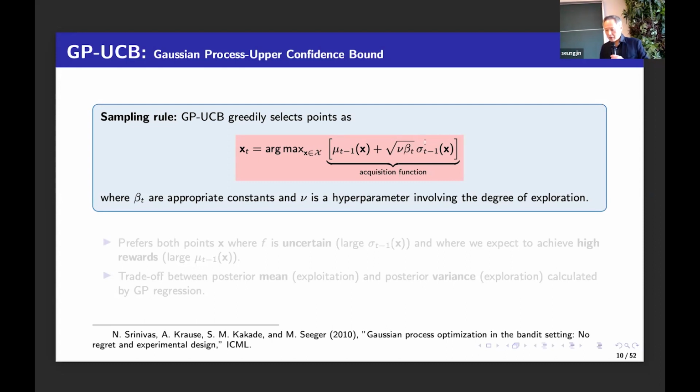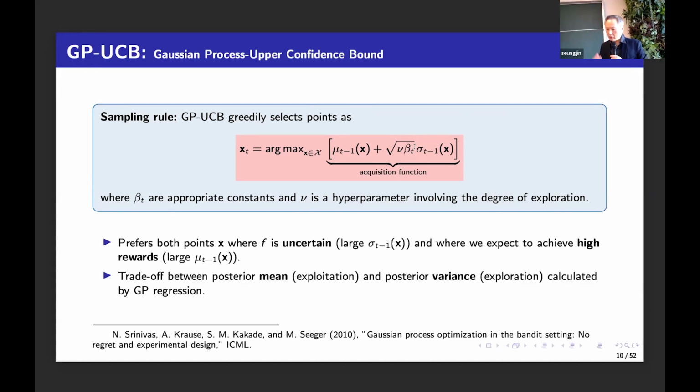And if the posterior variance is high, that means we have a very high uncertainty at location X, so we might have the maximum there. So in fact, this acquisition function trades off between exploitation, represented by the posterior mean, and exploration, represented by the posterior variance.